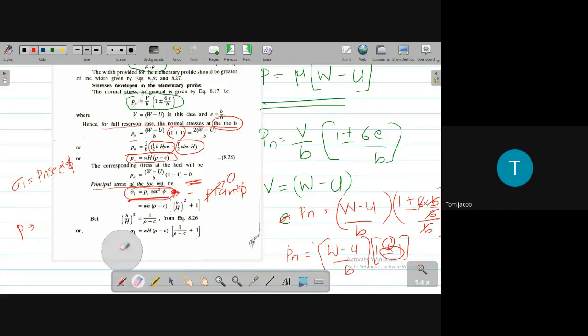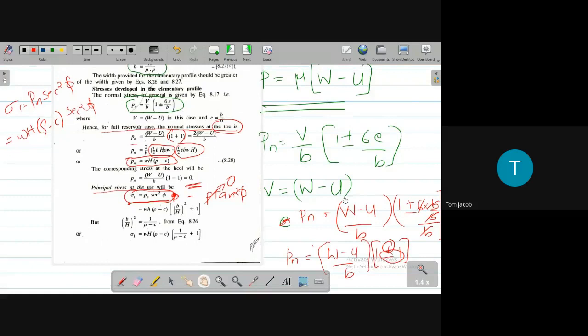Now we write the equation we just found into it. Sigma 1 is equal to Pn sec square phi, that is equal to W H into (rho minus C). Now what is sec square phi? We need to find the expression of sec square phi in terms of B and H, and for that we need to go back to our elementary profile.